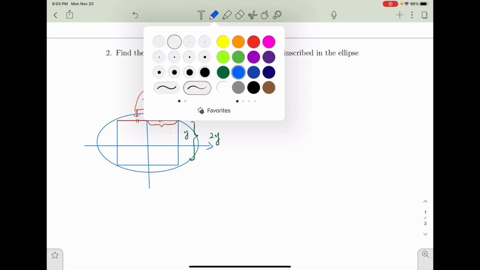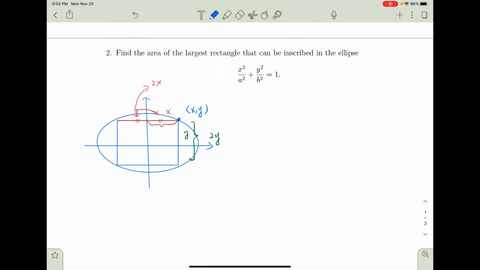Just imagine this: if I move this point to here, then I can change the shape of this rectangle. For example, if the point is here, the rectangle becomes more skinny, right? Like this. If I move this point down here, then this rectangle becomes more flat, right?